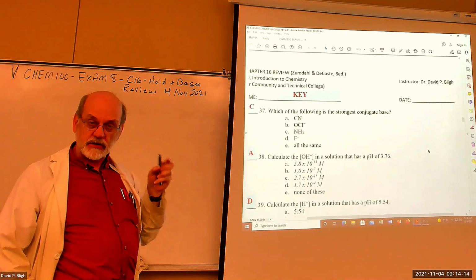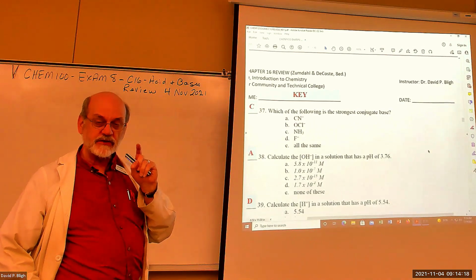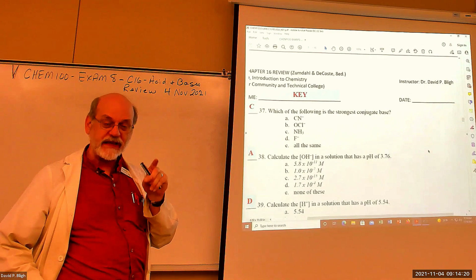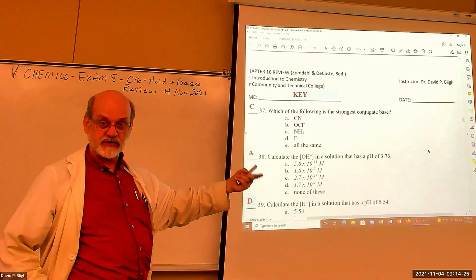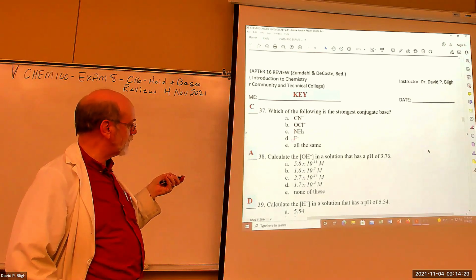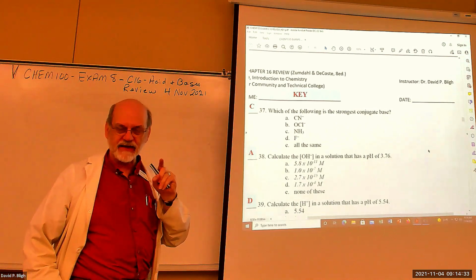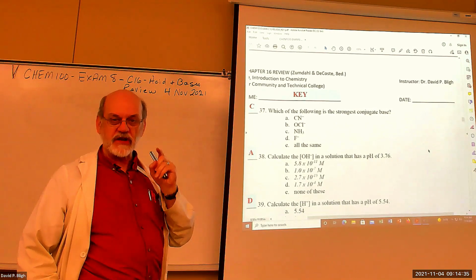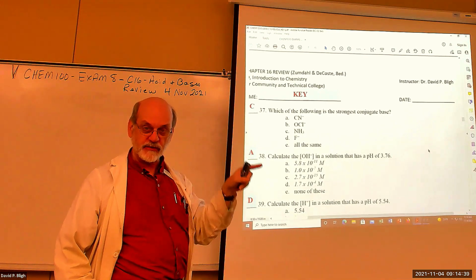You need to understand that if you're going to find the strongest conjugate base, you need to find the weakest acid from which each one of these is derived. So you add a proton to that one, proton to that one, proton to that one, proton to that one. And then you find the K value for the dissociation of that acid. The weakest one will produce the strongest base.